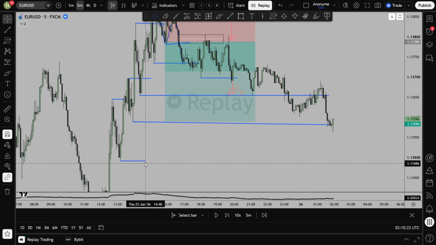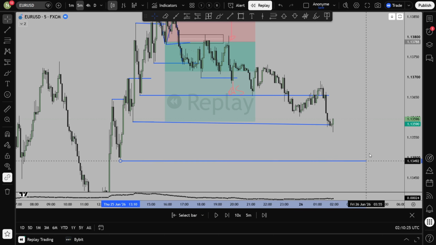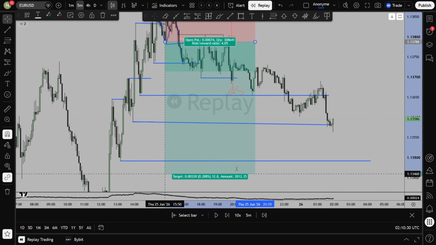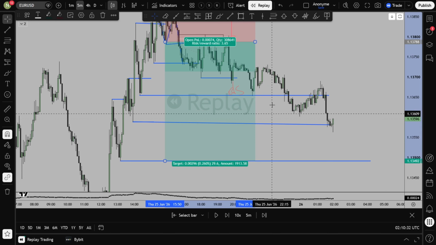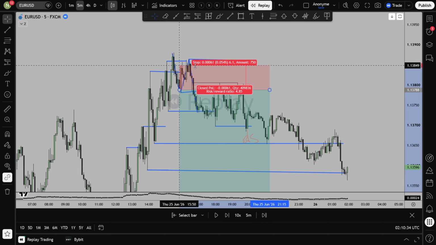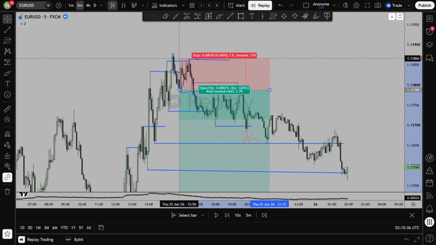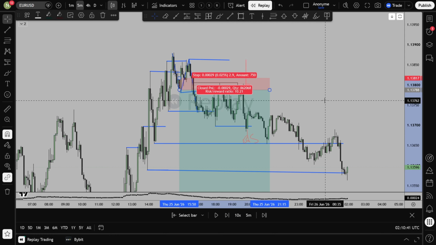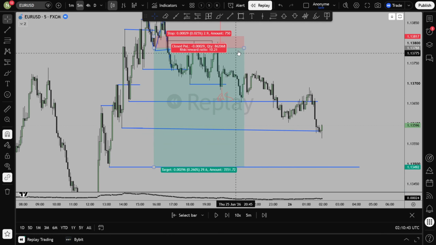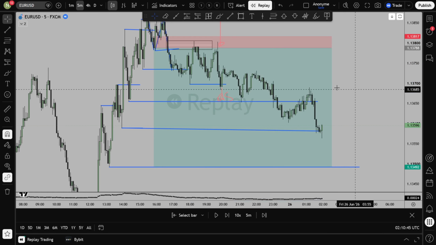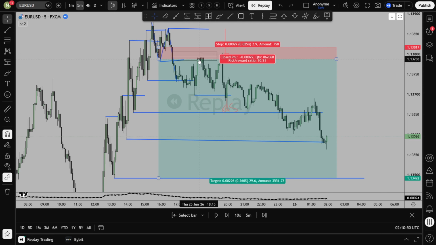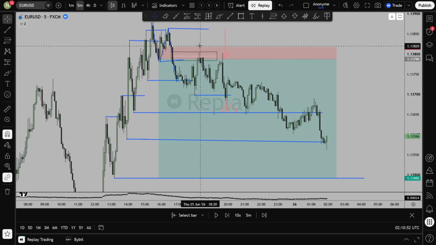Or it could be even here. For example, someone with another risk appetite doesn't want here or here, or he wants here, for example. And he doesn't want to have his stop loss widened, he wants it more secure, above, for example, a fair value gap. And here he targets a 10R. But obviously, he will have a lower win rate. Why? Because price could easily go to his stop loss.